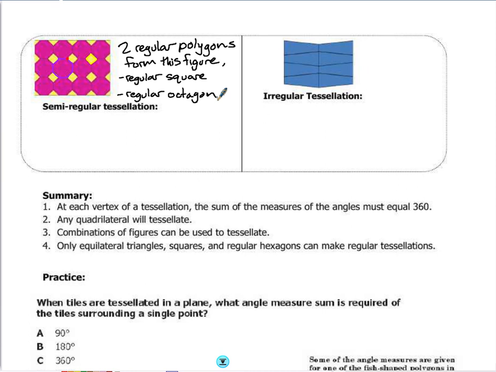So it's important to understand that for semi-regular, the same combination of regular polygons meet at each vertex.